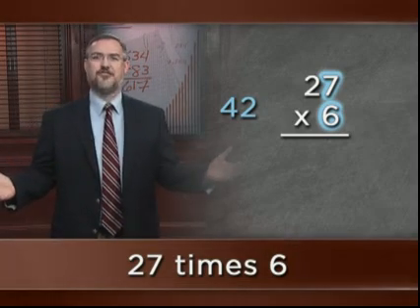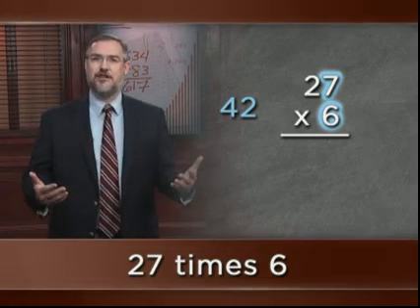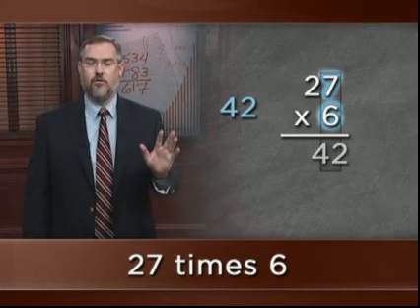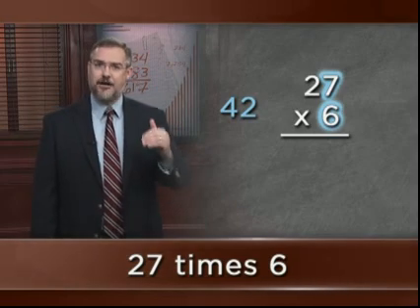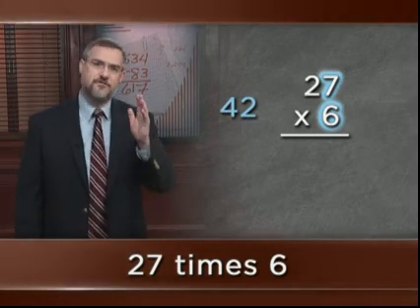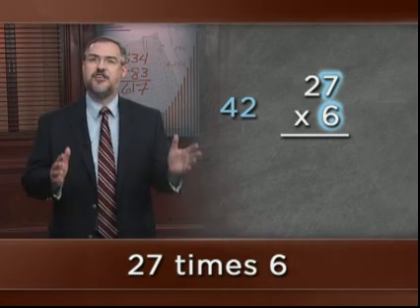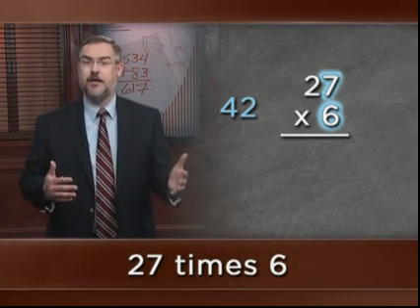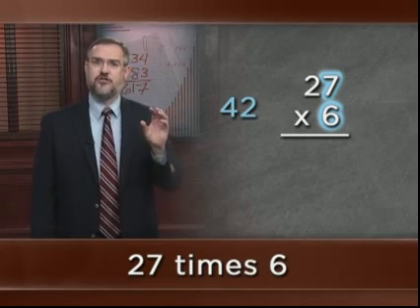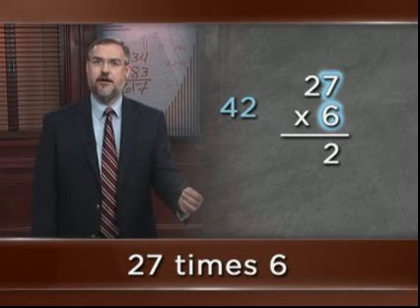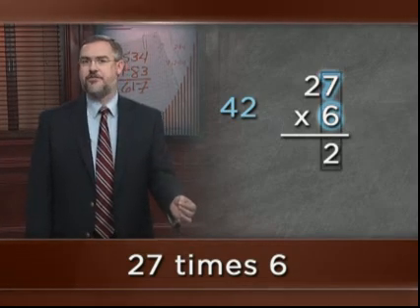Where do I write this information? 42 now is too big, if you will, because it's 2 digits long. Well, believe it or not, we're actually going to do something here which is very similar to what we did when we were adding and we had to carry the 1. In this case, we're going to take the 2 from the 42, we're going to write it down in the answer area, line it up vertically with that 7.